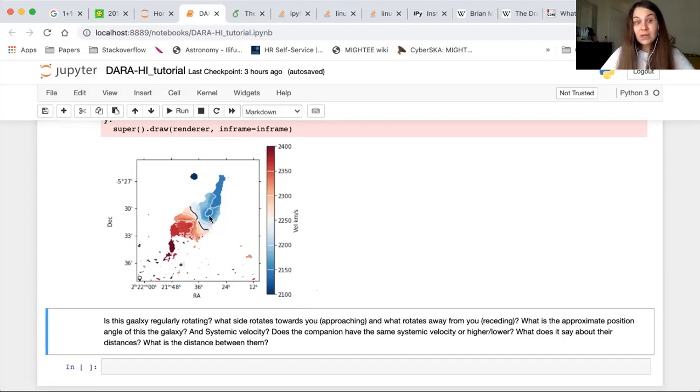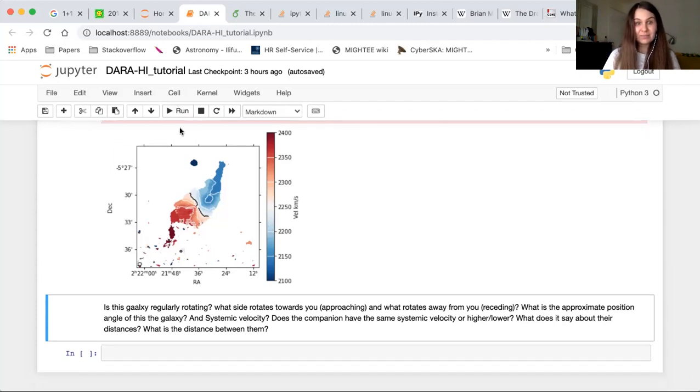By knowing this, we can calculate the redshift of this little companion. We can calculate its distance from us, and we can, for example, compare the distance of the companion and the distance of the main galaxy, and we can derive the distance between them. If you're interested, please do these exercises.